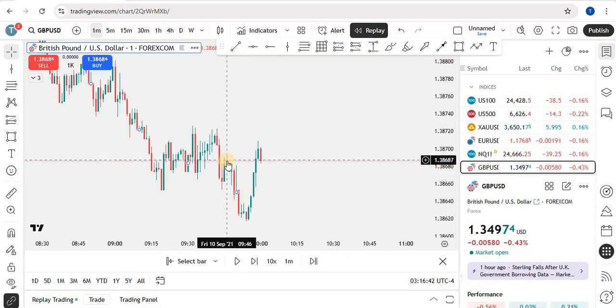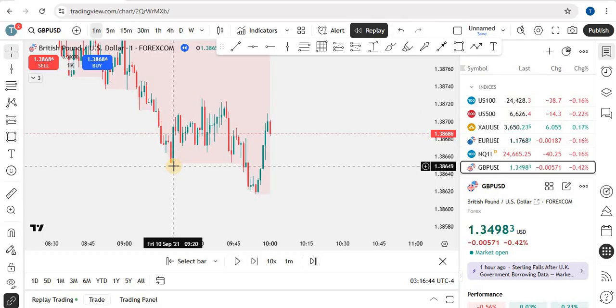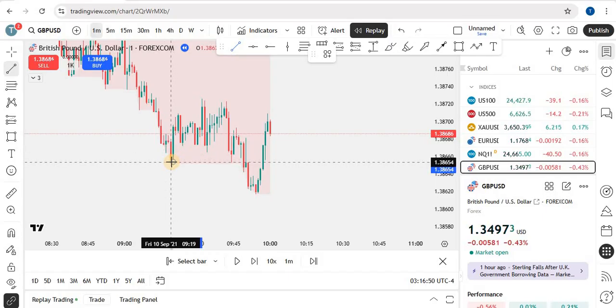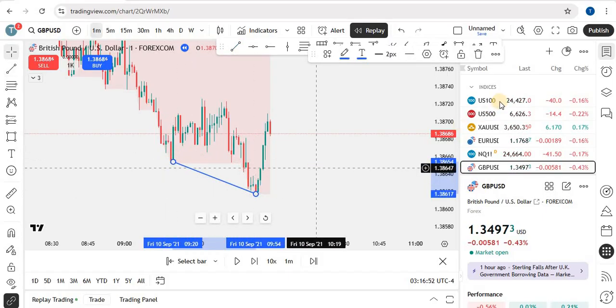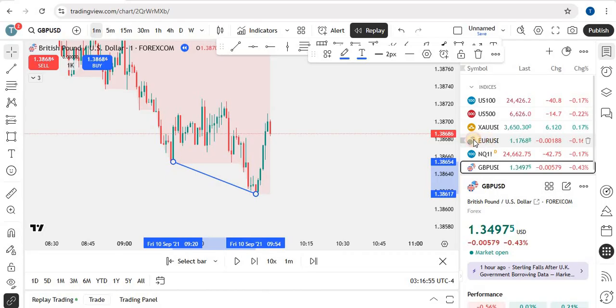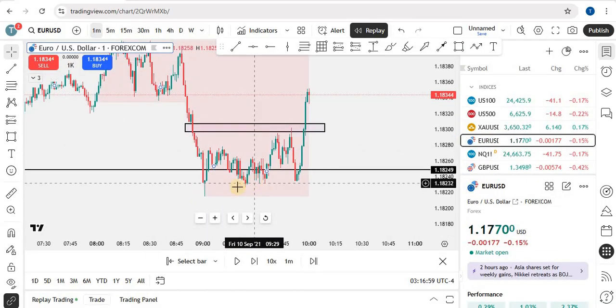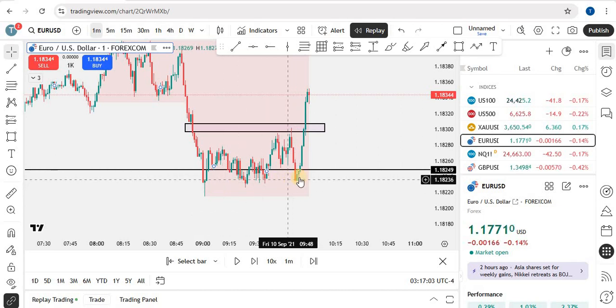GBP USD, you will see it's got SMT. 919 to 954, and 919 to this one.